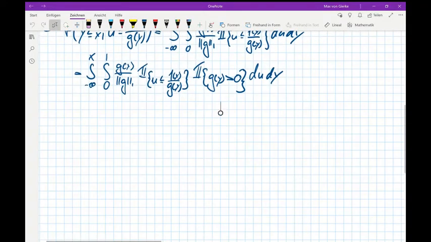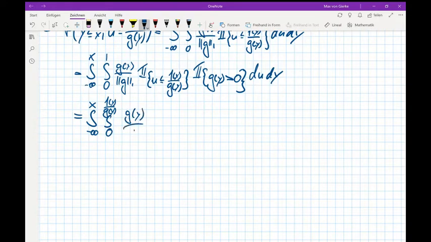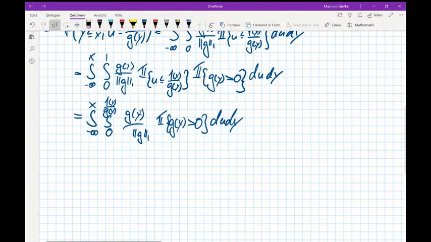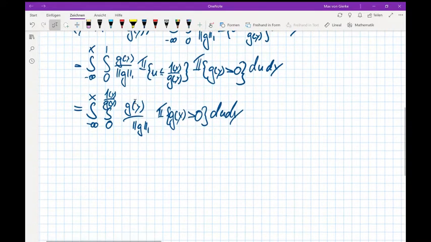So this is equal to fy gy. Okay, and the rest still remains the same. Yeah, this indicator function is gone now, so we are left with this one here, du dy. Okay, now you see that this part in the integral, the function we want to integrate, is independent of u.